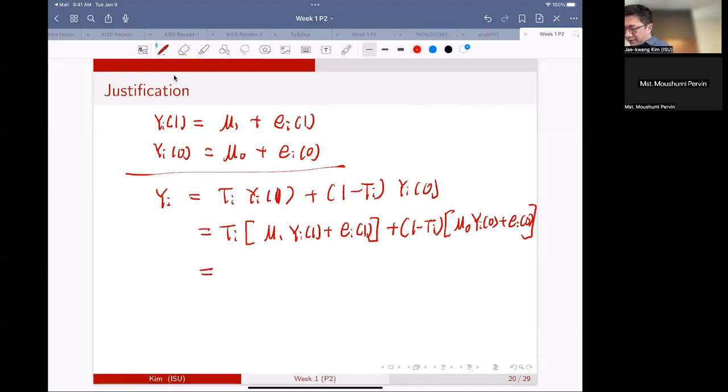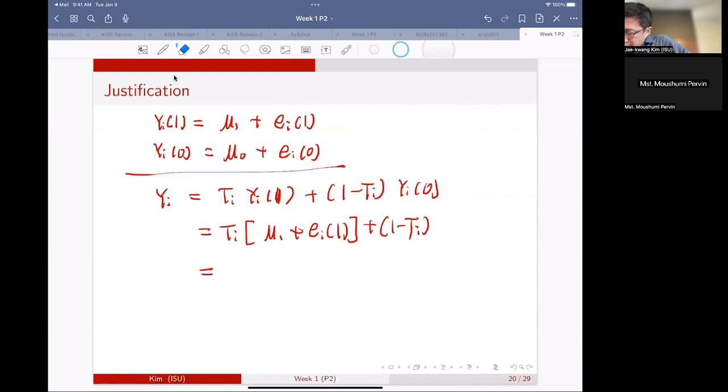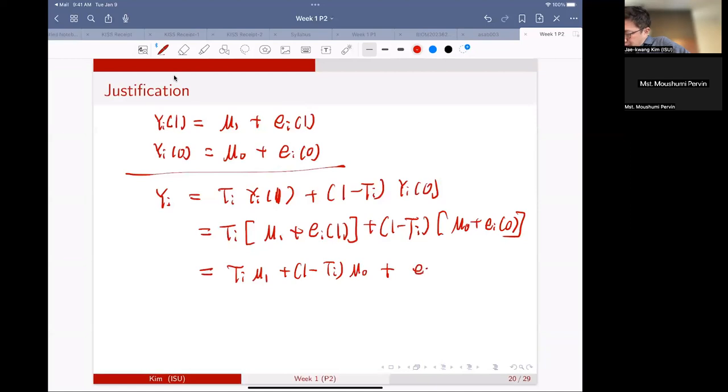So you have a mean part, which is ti mu1 plus 1 minus ti mu0, plus an error part.